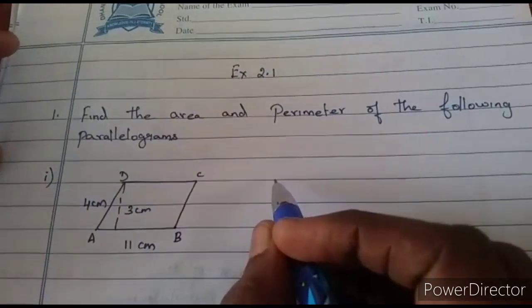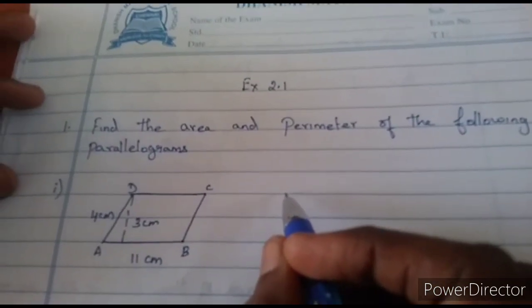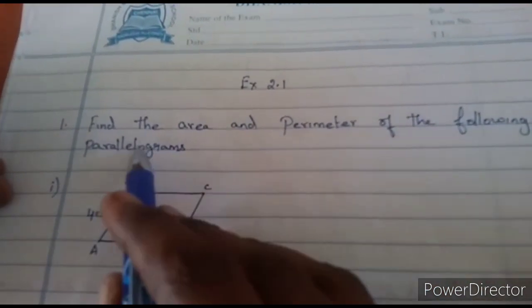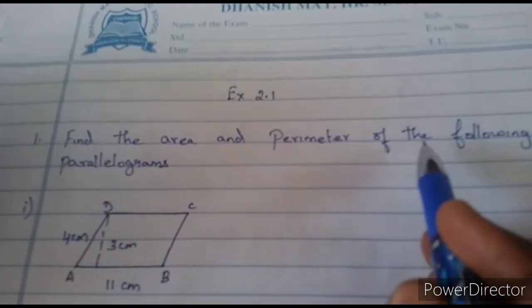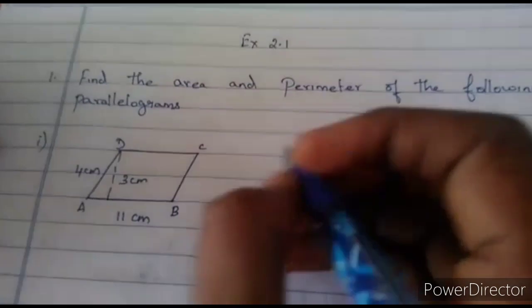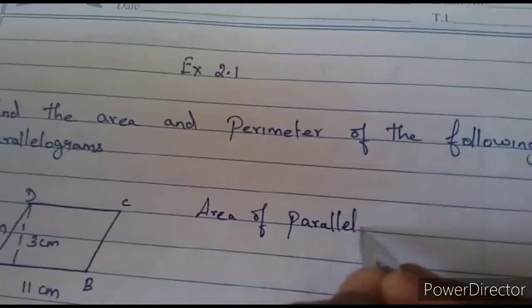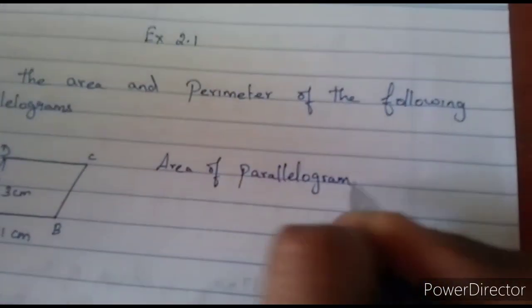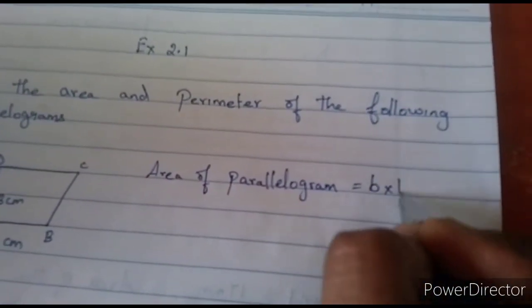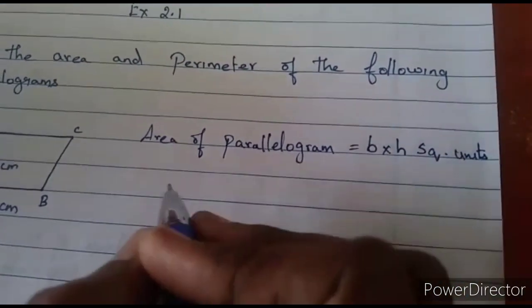Exercise 2.1. Please copy down the question in the classwork note. Question number 1. Find the area and perimeter of the following parallelogram. First step, area of parallelogram. Formula: base into height square unit.